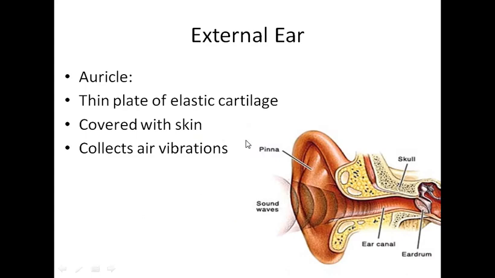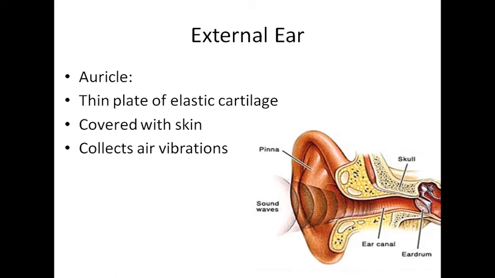Now we'll discuss the external ear in a little detail. First of all, the auricle, the outer part which we can see grossly in every human being. This consists of a thin plate of elastic cartilage. You can feel that it is firm, not hard as bone, but firm.